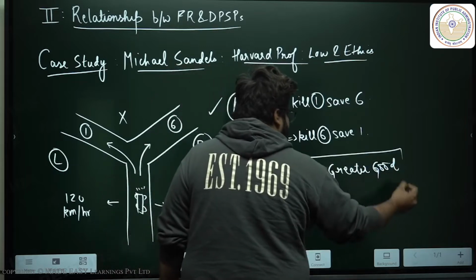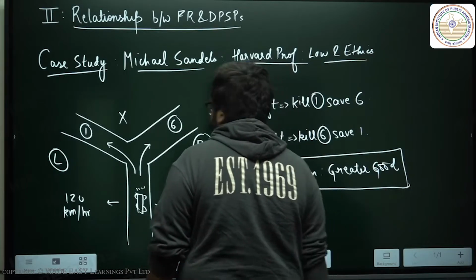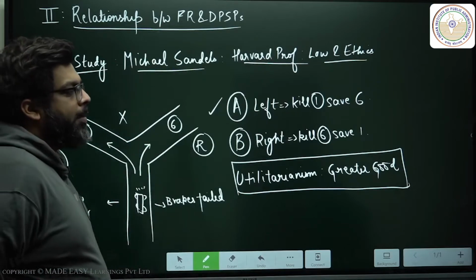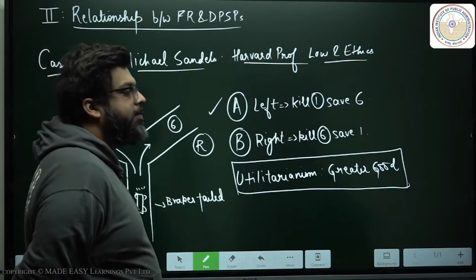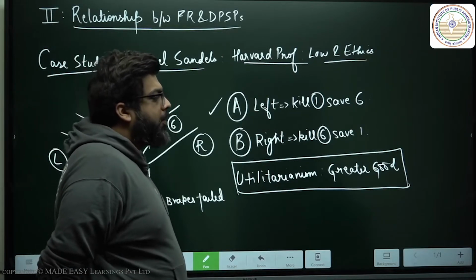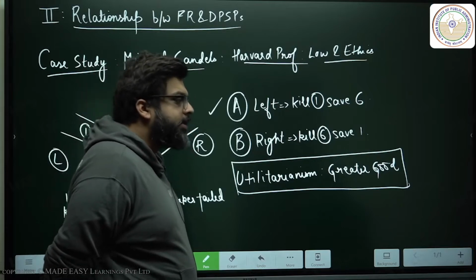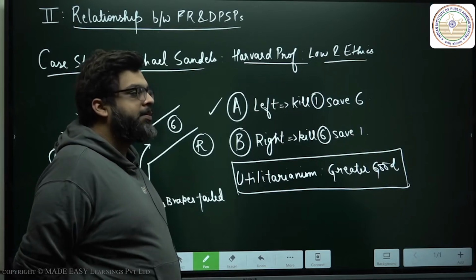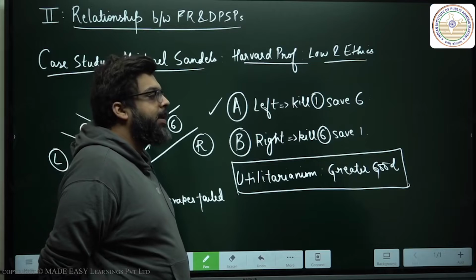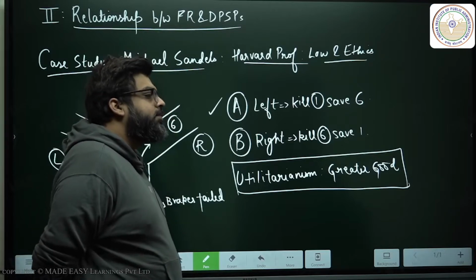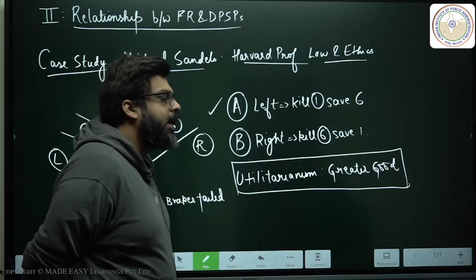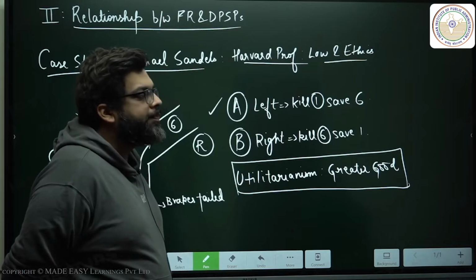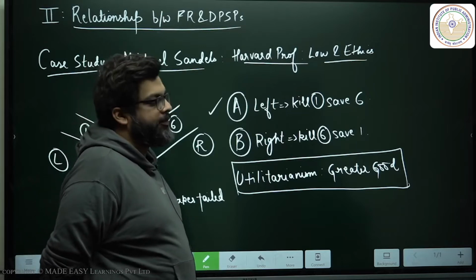And you would be surprised to note most of the decisions that are often taken by families, by industries, by governments internationally, they all conform in some way or another to the principle of utilitarianism. Even if it's a tough decision, if it is helping a larger chunk of people at the cost of a smaller chunk of people, then that decision will always be justified.